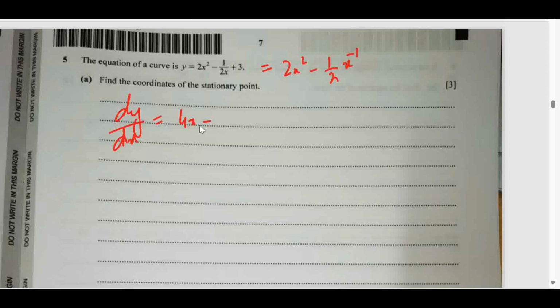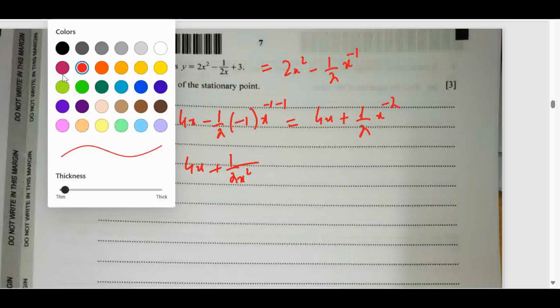Now if we differentiate this one, this will be equals to negative 1 x power minus 1 minus 1, and the derivative of the constant will be 0. So we can write it as 4x plus 1 by 2 x power negative 2, which is 4x plus 1 by 2 x square.